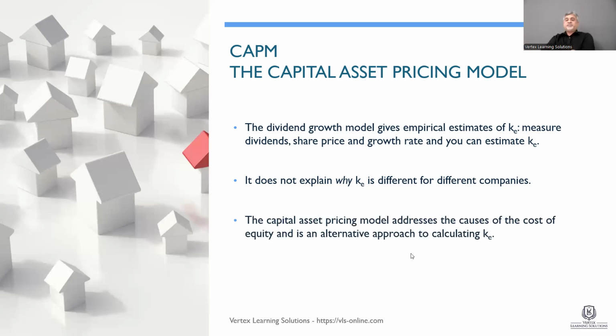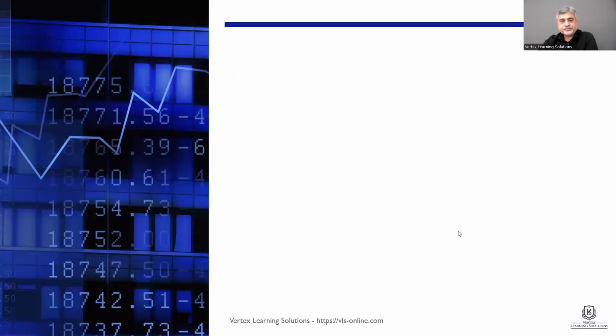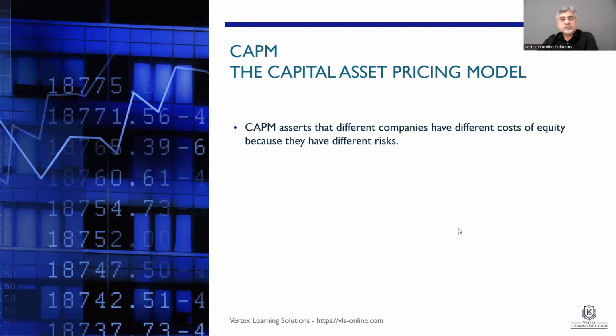The capital asset pricing model addresses the causes of the cost of equity and is an alternative approach to calculating Ke. CAPM asserts that different companies have different costs of equity because they have different risk, and we will try to split them and understand what the different risks are and how we calculate the risk. So with this method, not only will we see what types of risks there are, but we will also learn how to quantify those risks.